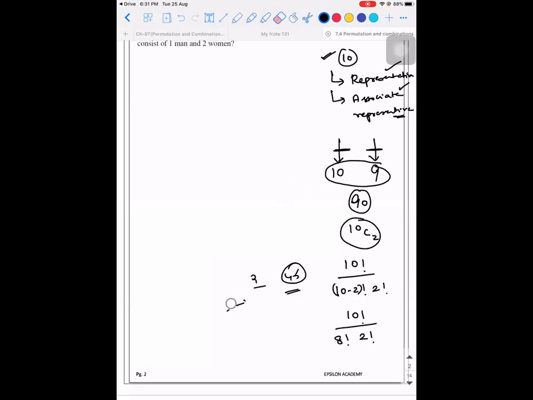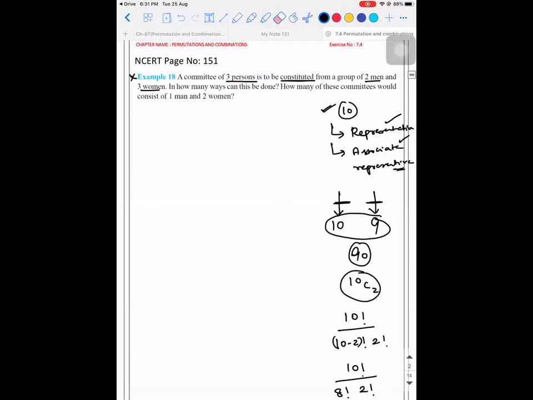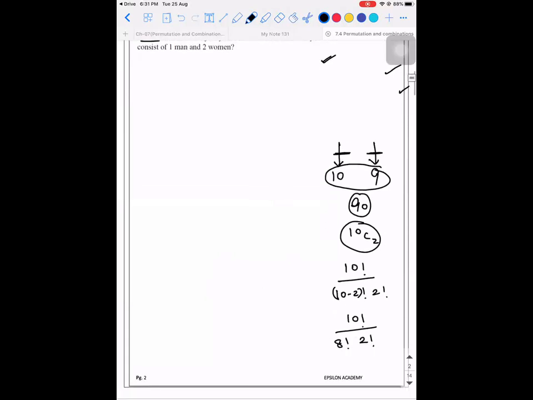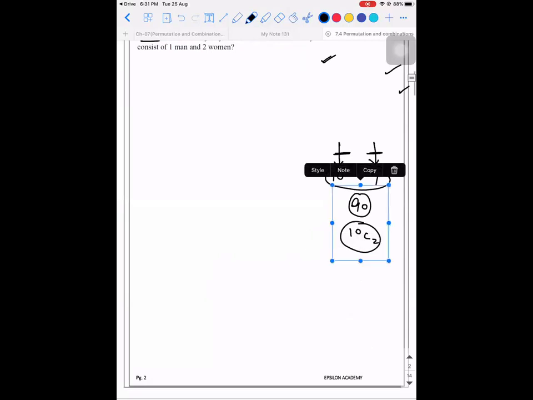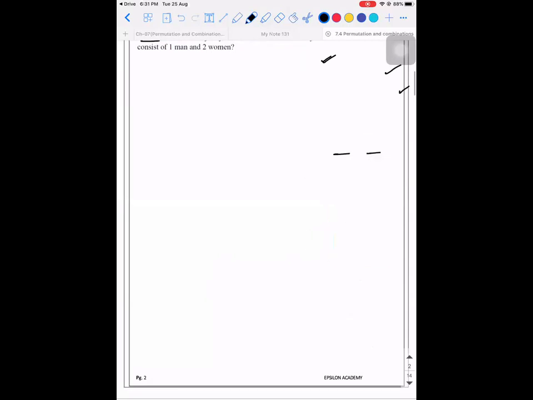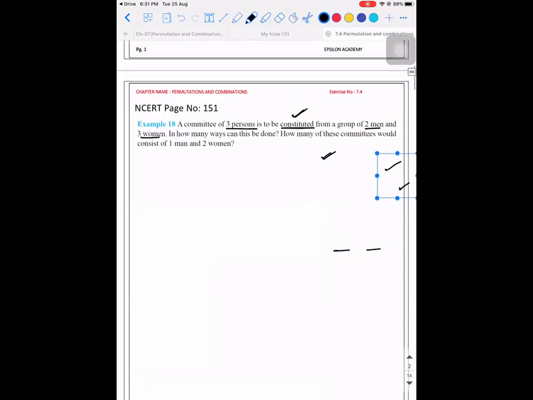So what I'm trying to say is, if I need to select something, here you're able to understand why it is selection, because you want a committee to be formed. What are the keywords I told you? Formed.